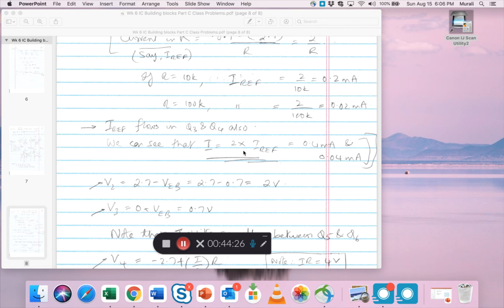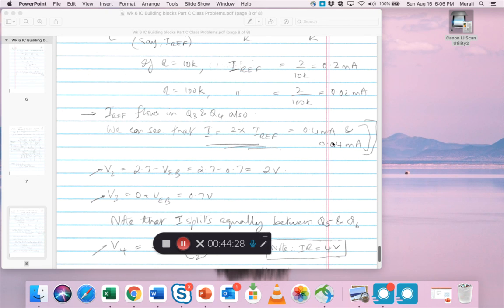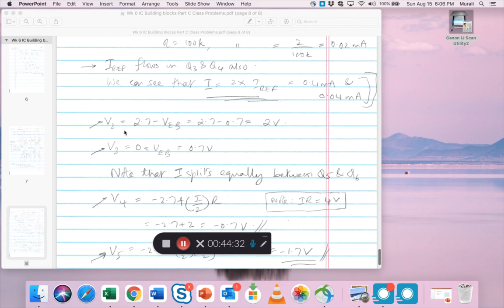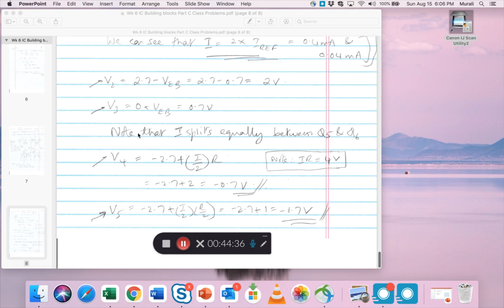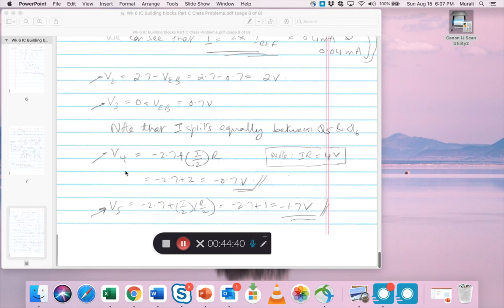We can see that I is twice I reference, and we want this I, so these are the values of I. V2, V3, also note that I splits equally between Q5 and Q6, so V4 comes out to be this and V5 comes out to be this. Here for IR I use this 4, here also for IR I use this 4. If you do that, you can find V2, V3, V4, V5.